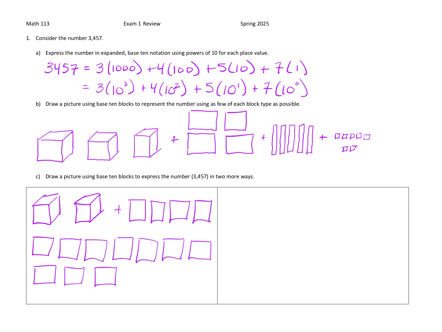So we now have 14 flats, and then I could do 5 longs and 7 1s. And that would be different than the way I wrote it earlier. So 5 longs and 7 little cubes.